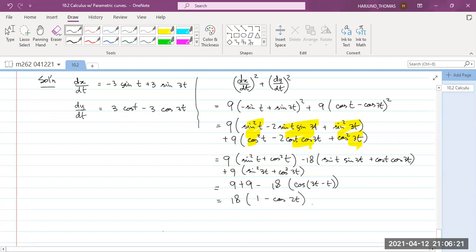Okay, now what is the square root of that? The square root of dx/dt squared plus dy/dt squared equals the square root of 18 times (1 minus cosine 2t).